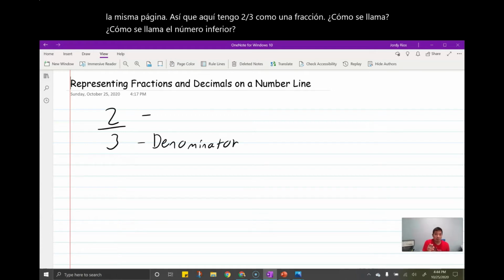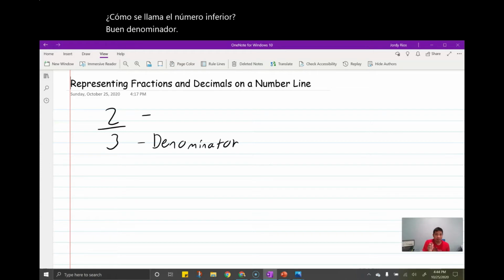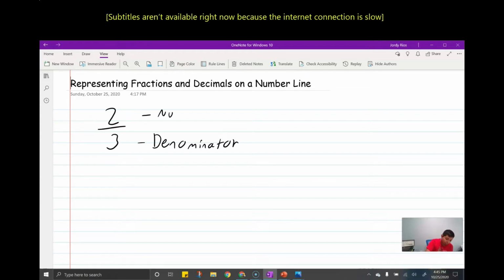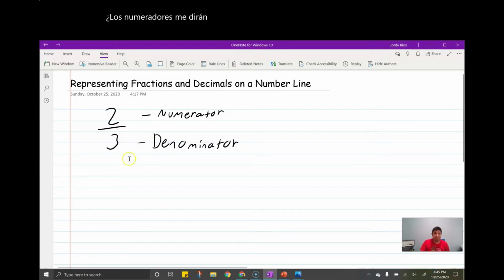Now, what is my top number called? Good, numerator. Okay, and remember, my denominator is going to tell me how many parts I have in total, and my numerator is going to tell me how many parts I actually have, okay? Good.